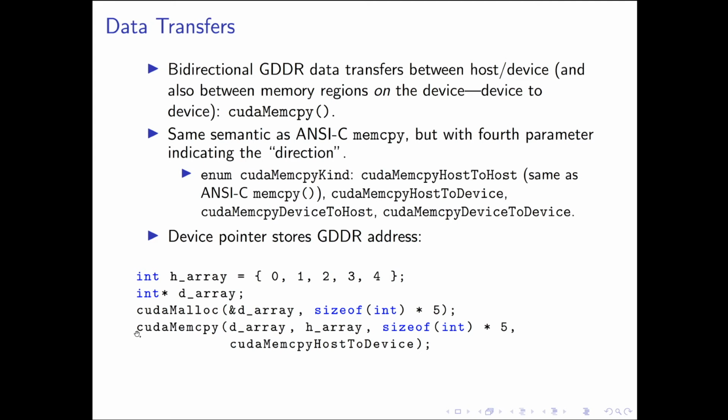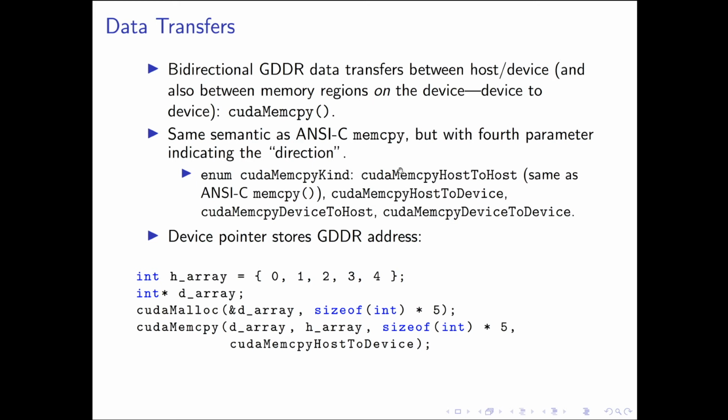As a matter of fact, the CUDA memcopy function is a bidirectional function, in that I have to tell CUDA memcopy the direction that I want to copy from and that I want to copy into. And for that, I have to pass this flag, CUDA memcopy kind. The CUDA memcopy kind is just an enumeration, and the enumeration can take certain values.